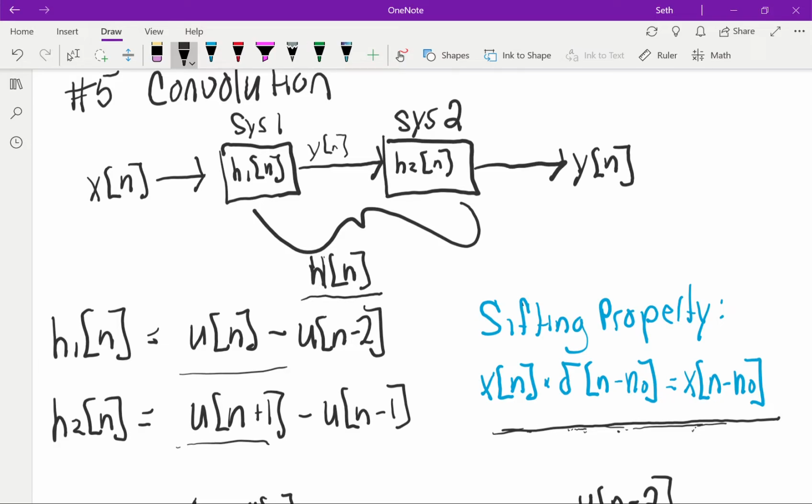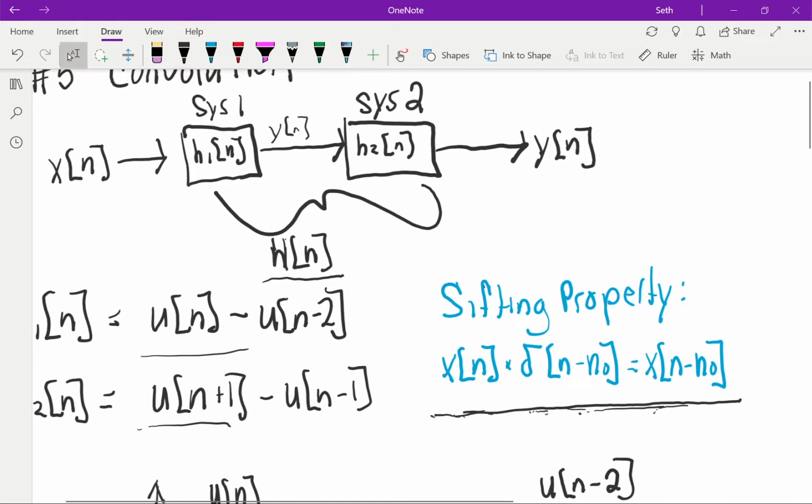And the shifting property, of course, deals with the delta function, but both our functions are unit step functions. So the key to recognizing why the shifting property is relevant for this problem is remembering that any discrete time signal can be represented as a series of delta functions.